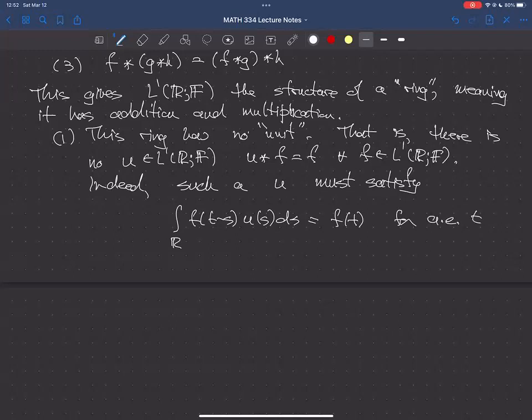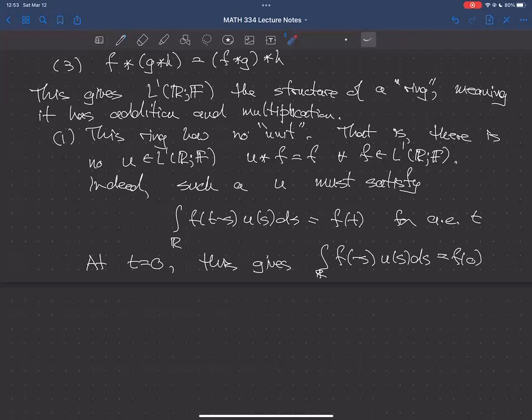In particular, at T equals 0, this gives the integral over R of F of minus S times U of S ds equal to F at 0. Except for this minus sign, which is of not much significance, this looks rather like the condition of the Dirac delta.